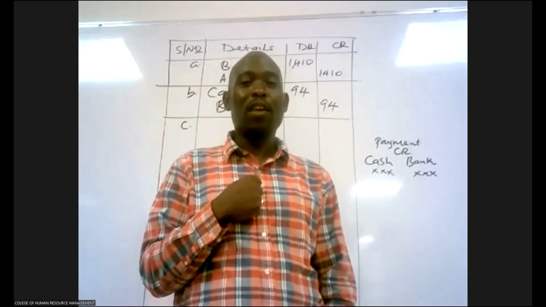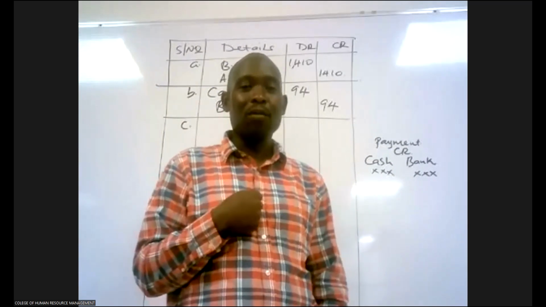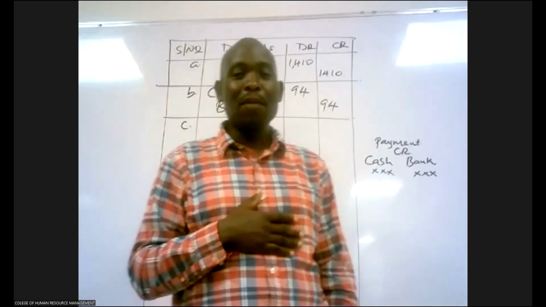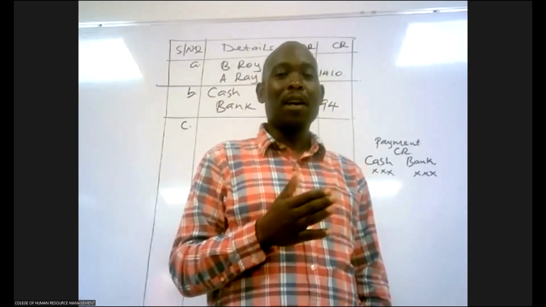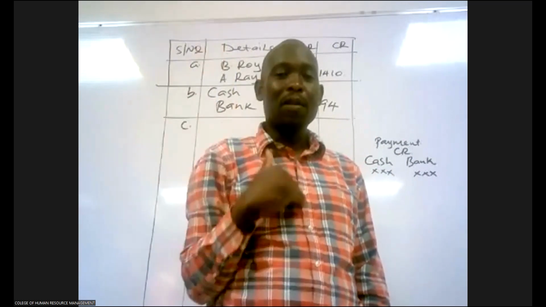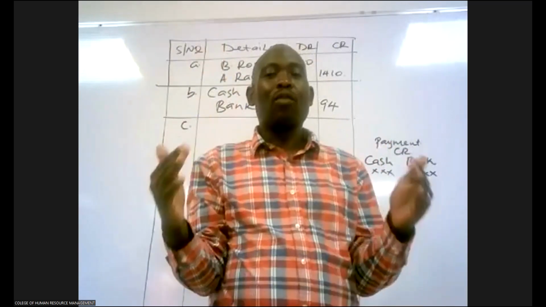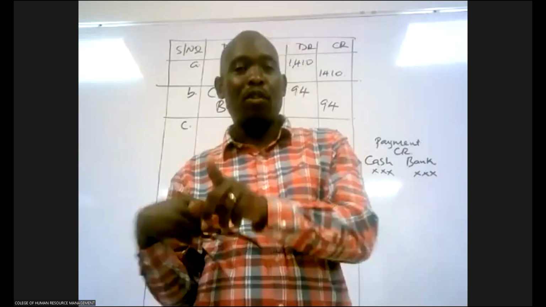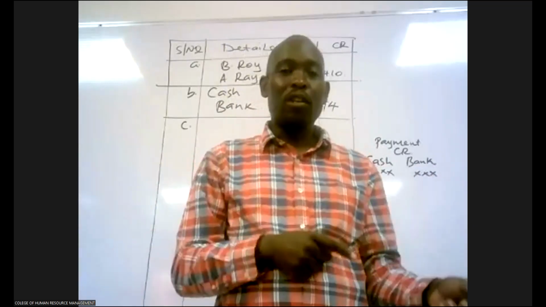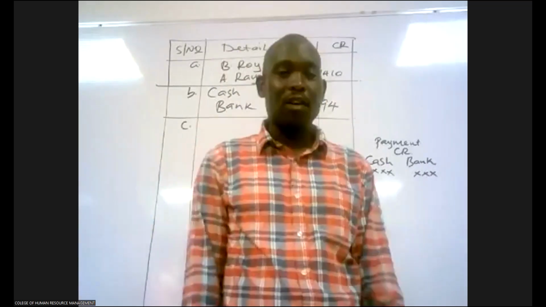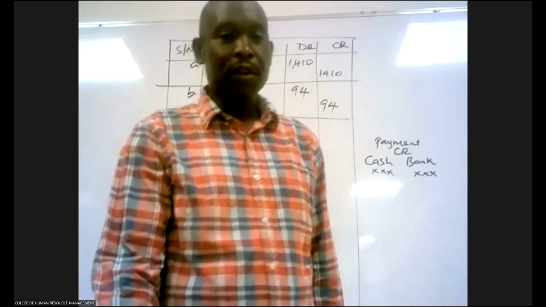Even me, I know when money is received in my account it is normally credited, and when I make any payment from my bank account, my bank is normally debited. But that is from the bank. From the business, the accountant has the cash book maintained. In the cash book, we normally do the opposite of what the bank is doing. What is paid, we credit. When money is coming in, we debit our cash book. Are we together, Keegan?